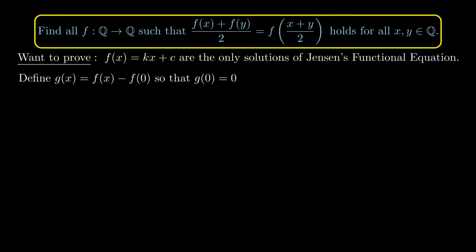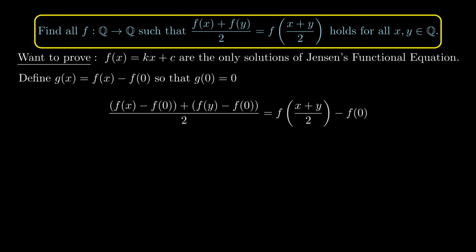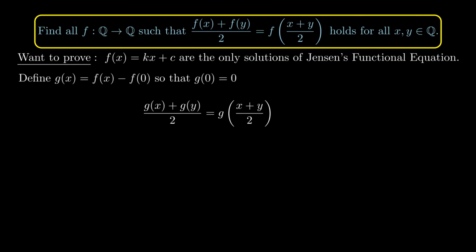So changing the equation in f to g, we first rewrite the equation by subtracting f(0) from both sides of the equation. Then based on what we have defined for g(x), we have (g(x) + g(y))/2 = g((x+y)/2). Although this is the same equation with f switched to g, g(0) is equal to 0 now.